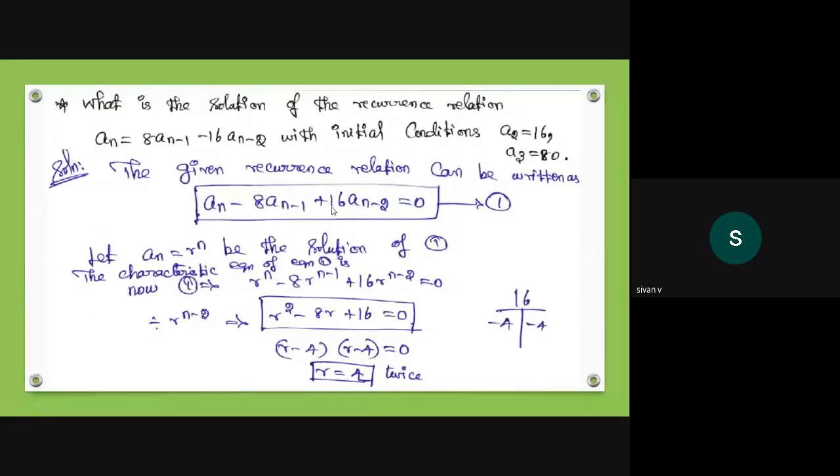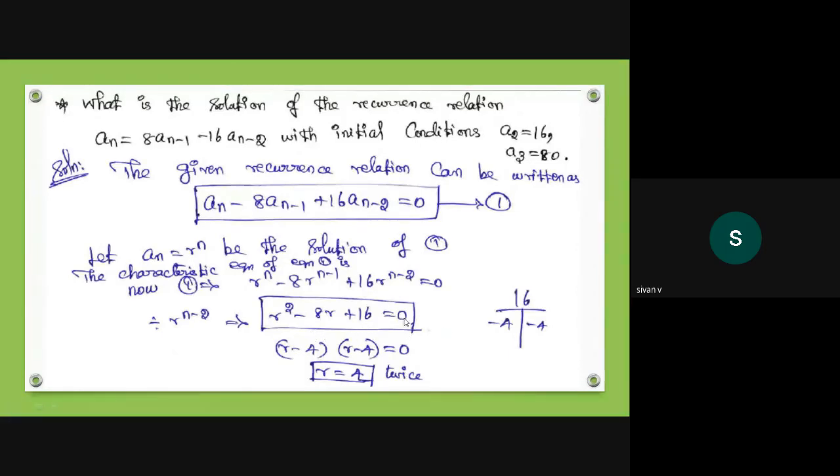First step, replace an with r power n. In equation 1: r power n minus 8 r power n minus 1 plus 16 r power n minus 2. Take the constant term coefficient outside, divide by r power n minus 2, and it becomes r square minus 8r plus 16 equals 0.